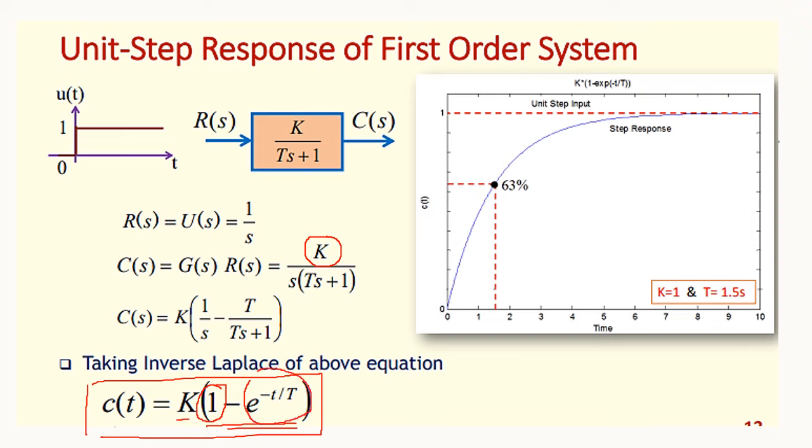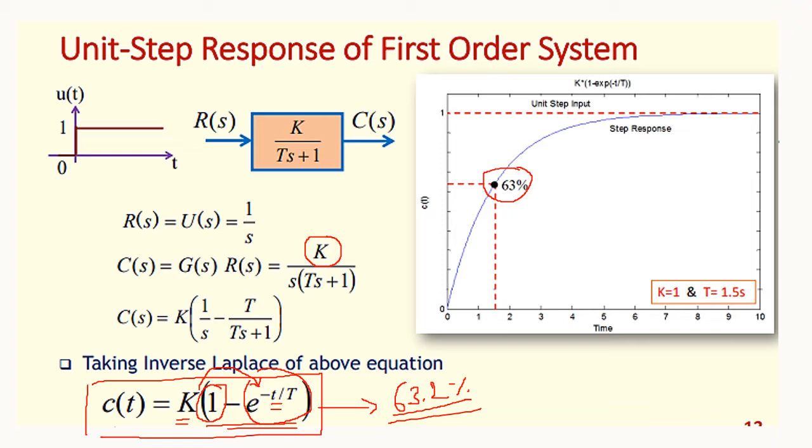So an amplitude of k is multiplied to both the steady state as well as the transient part. Now when small t is equal to capital T, we already know from the previous slide it is 63.2%, that is around 63 percent.